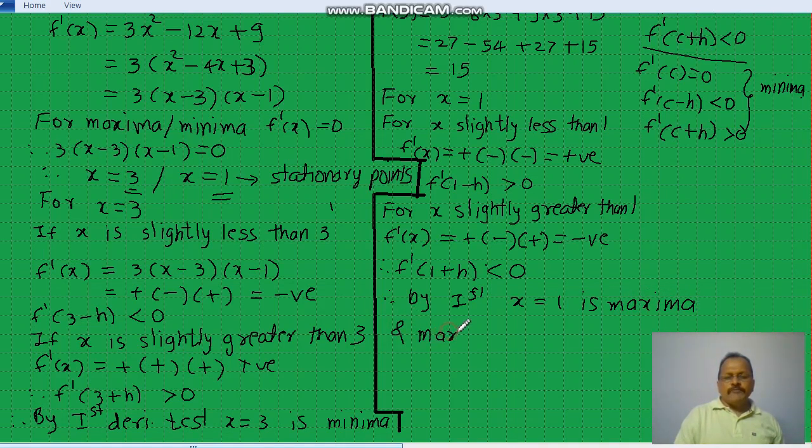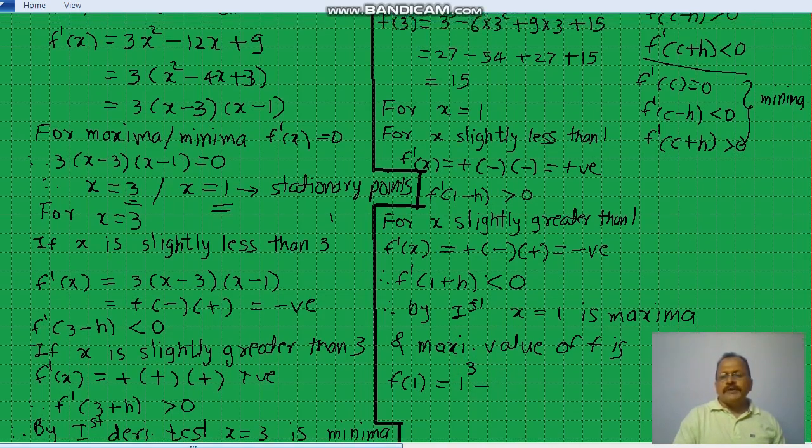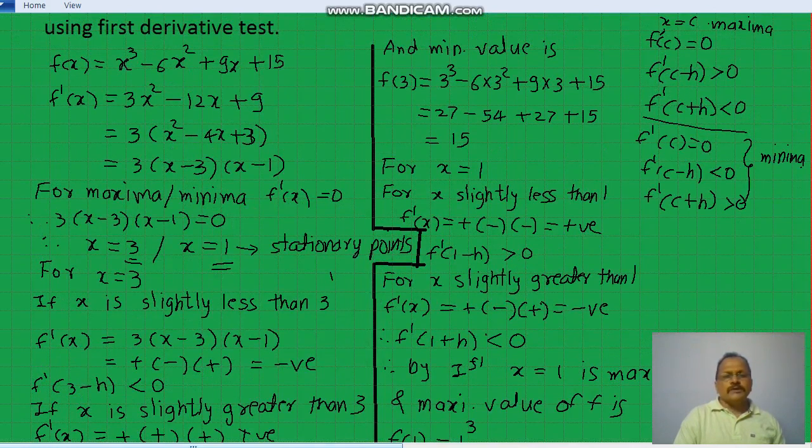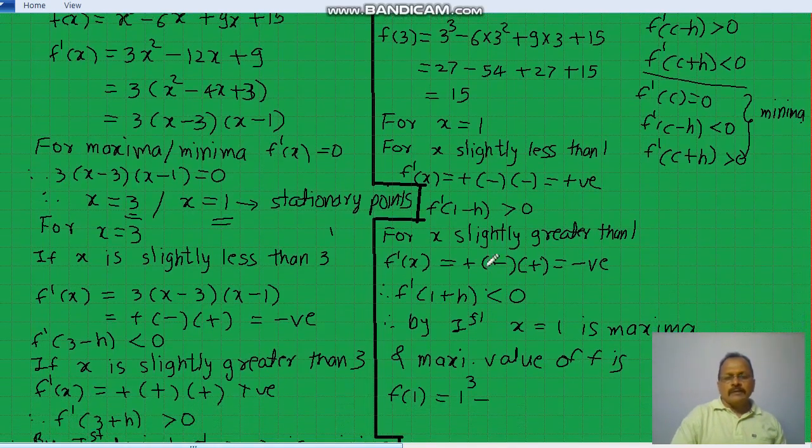And the maximum value of f is f of 1, that is equal to 1 cube minus 6 into 1 square plus 9 into 1 plus 15.